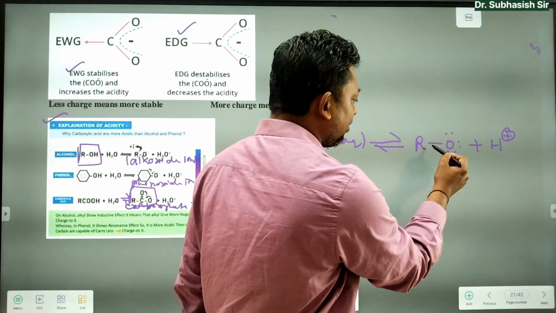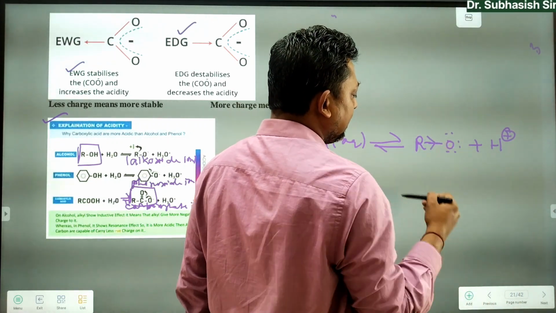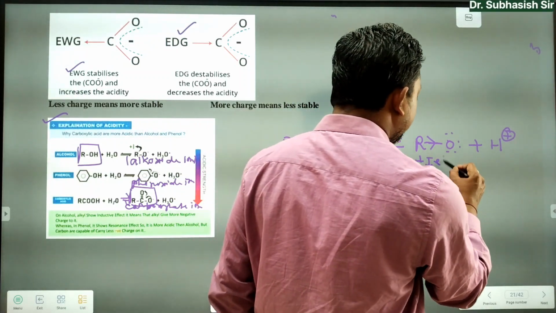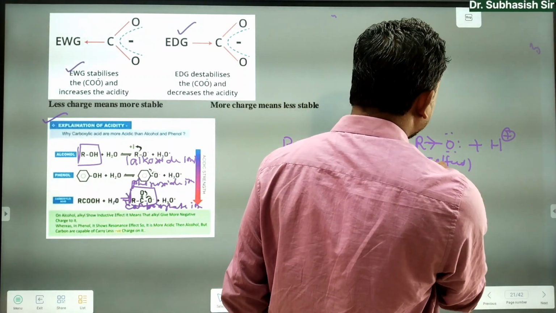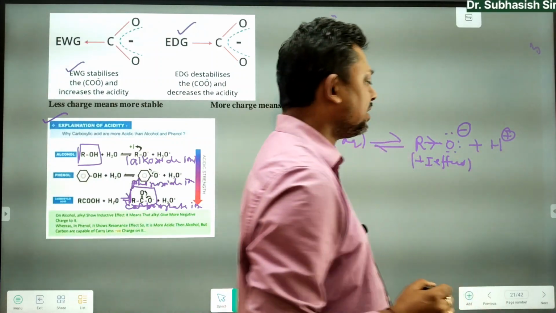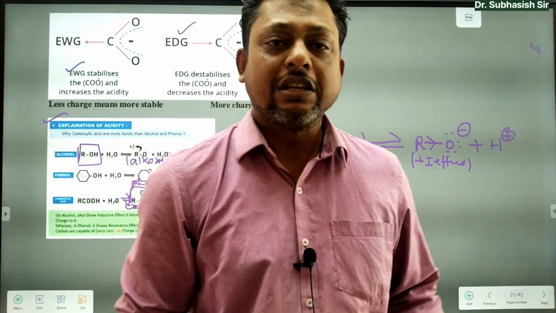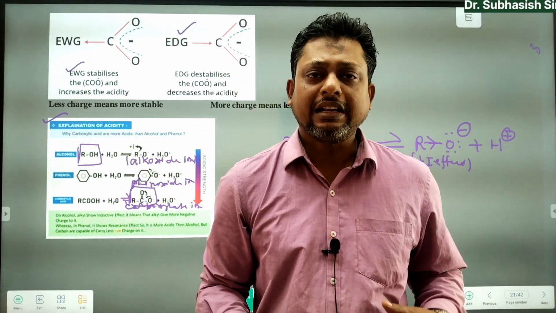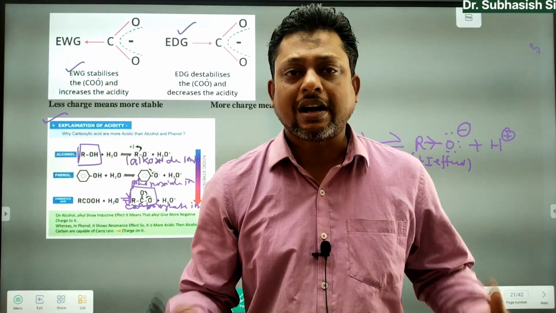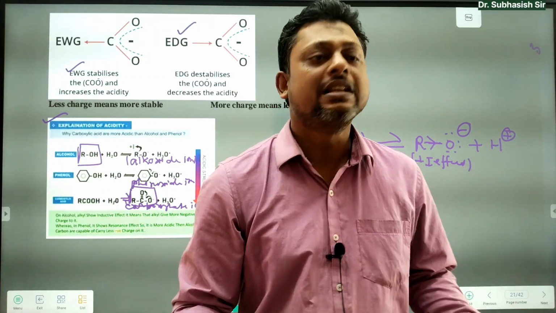But the important thing is what? Here there is a plus I effect, that is, we can call it an electron donating group. Due to this plus I effect, the negative charge of this oxygen will increase. So one thing you always remember, if the charge is more, reactivity is also more. If the charge is less, reactivity is less.